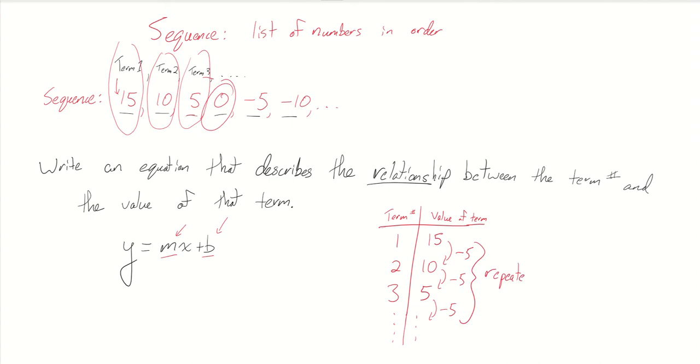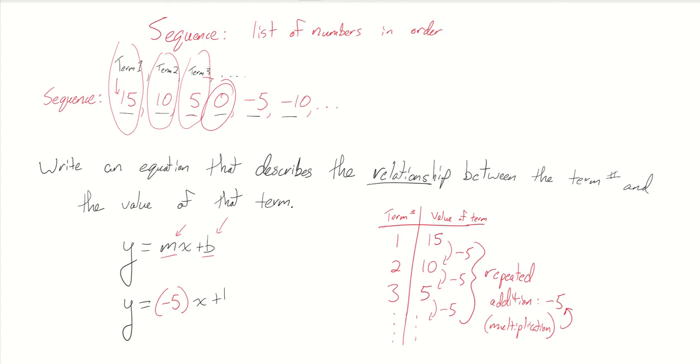The repeated addition to get to each new value is 5, but it's negative. So what is repeated addition? Repeated addition is really multiplication. So our multiplier is going to be -5. You could try to remember m as your multiplier value. We will eventually call it something different.